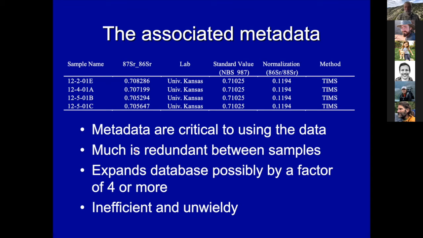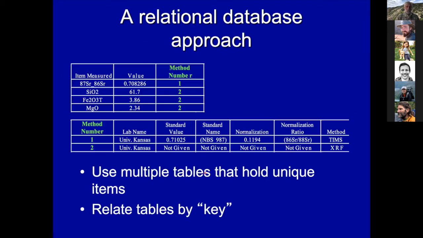And much of this metadata, though, is really, really redundant. You could expand the size of a file by many, many factors just repeating metadata after metadata. And that can be inefficient and unwieldy at some level. So the solution that came about for this, again an older solution, but probably one you're more familiar with, is the idea of thinking about this as a relational database.